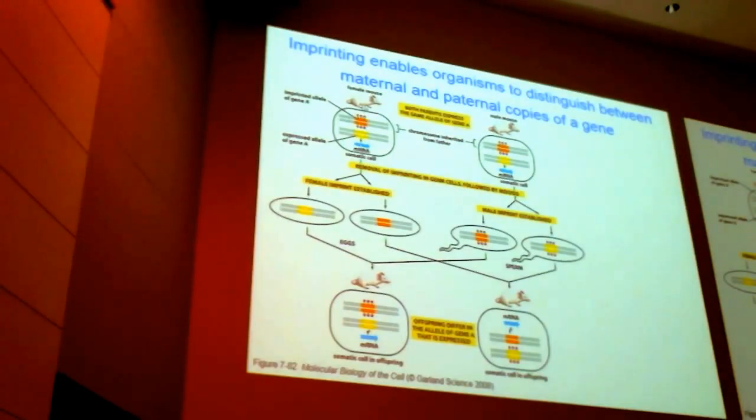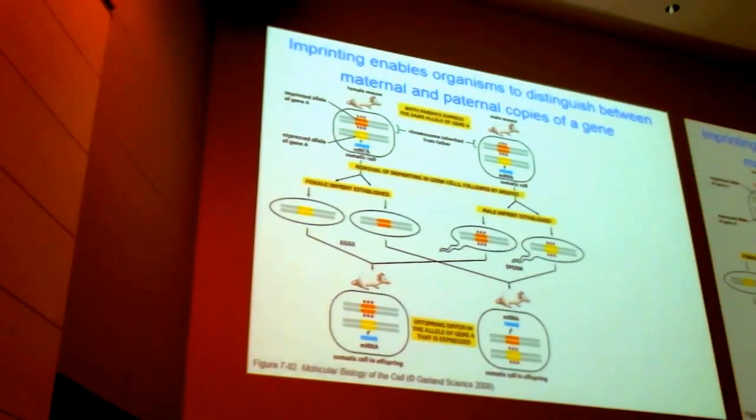So imagine here's the female mouse and the male mouse, and there's a gene copy that's orange or yellow. Let's say the orange is inherited from the father, and in a somatic cell, meaning a body cell, there's expression only from the yellow. There's no expression from the father's copy because it's methylated. Now, when you have a female mouse, during embryonic development or during gamete development in the production of eggs, all these methylation marks get removed, making it effectively like both copies are now female.